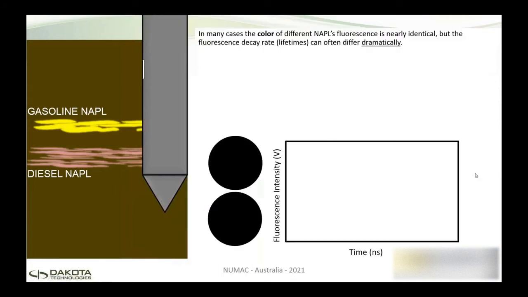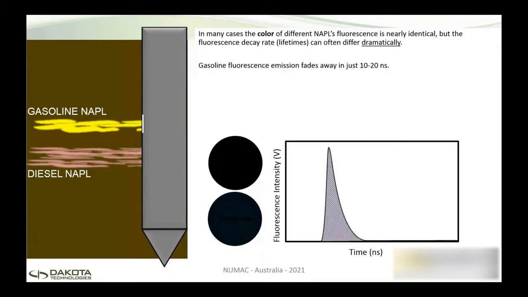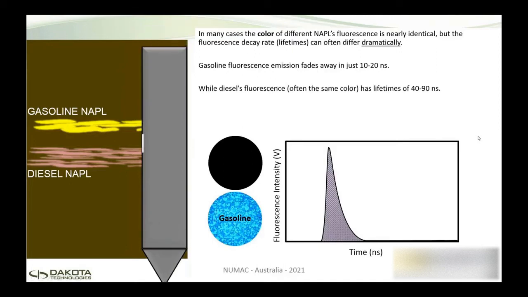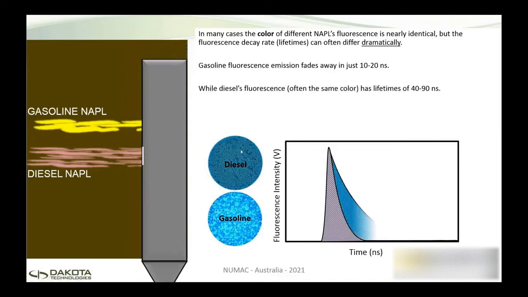Now, in many cases, the color of the different fuels, maybe gasoline, will look like this, kind of a nice cyan blue. Well, diesel is often a nice cyan blue too. So color alone doesn't differentiate, but diesel always has a much longer lifetime than gasoline. So just based on that time decay alone, we can differentiate the two.